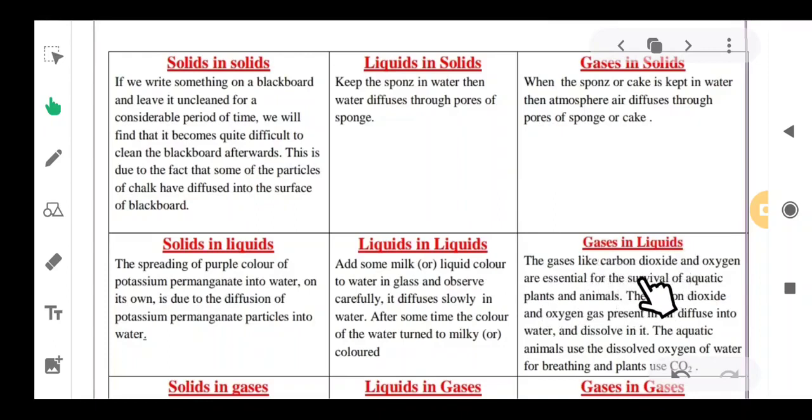For example, carbon dioxide and oxygen. ఈ కార్బన్ డైఆక్సైడ్, ఆక్సిజన్, దీస్ ఆర్ టూ డిఫ్యూజెస్ ఇన్ వాటర్. దట్స్ వై ద ఆక్వాటిక్ ఎనిమల్స్, అంటే ఏవైతే నీళ్ళలో జీవించే జంతువులు ఉన్నాయో అవన్నీ కూడా దే యూజ్ ద డిసాల్వ్డ్ ఆక్సిజన్ ఫర్ బ్రీతింగ్. సో మనకి ఇది ఈ రకంగా గ్యాసెస్ లిక్విడ్స్లో అవుతుంది.